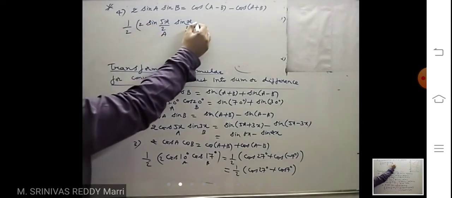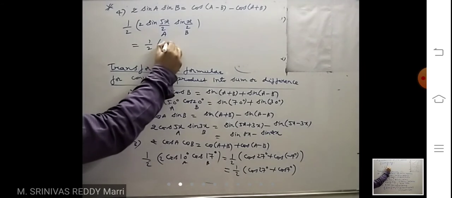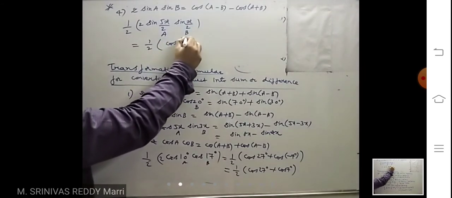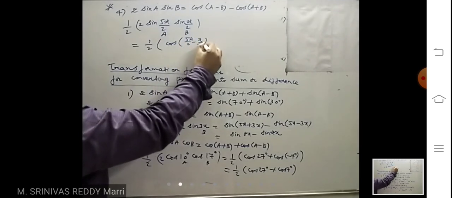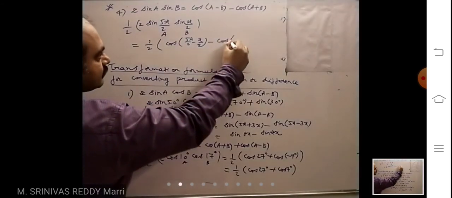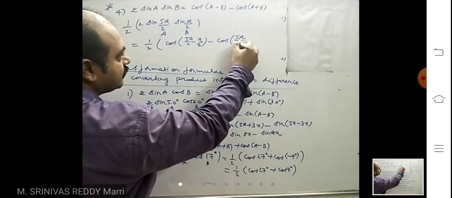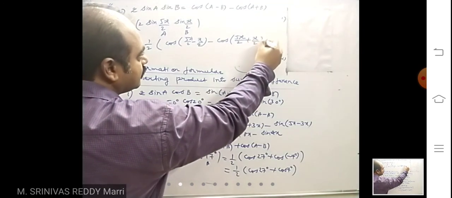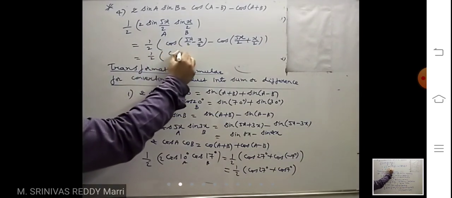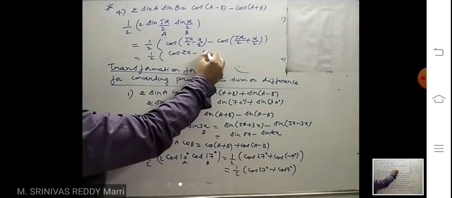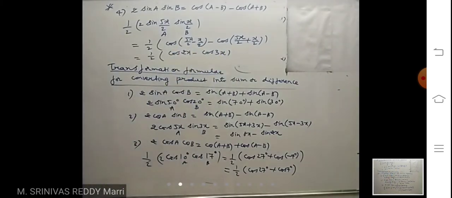So 1 by 2 into 2, right, like that. 2 sin A sin B is cos of A minus B minus cos of A plus B. Therefore half into 4x by 2, that means cos 2x minus cos 6x by 2. Now it is converted into difference.